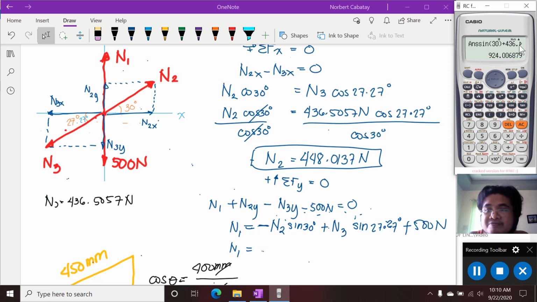Equals. So, yun. Ay, sorry. Dapat pala negative yun. So, balik natin. Mali tayo yung sagot. Pindutin lang natin yung value. It's negative 448.0137.